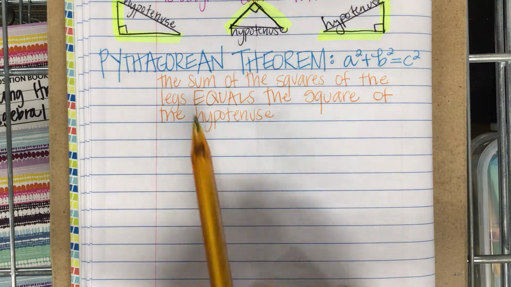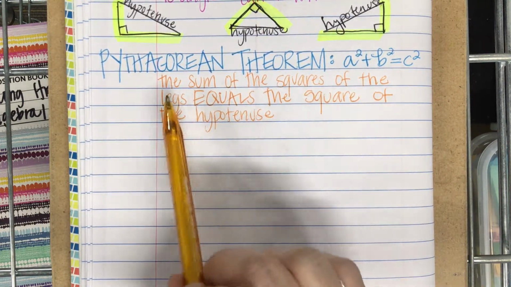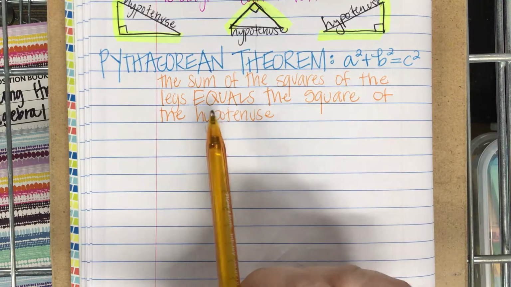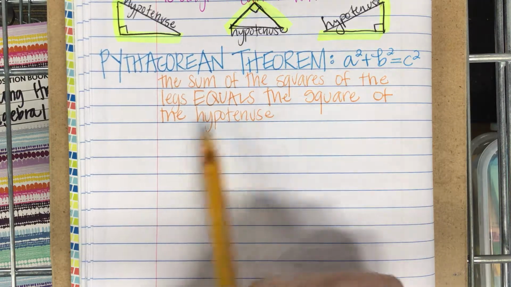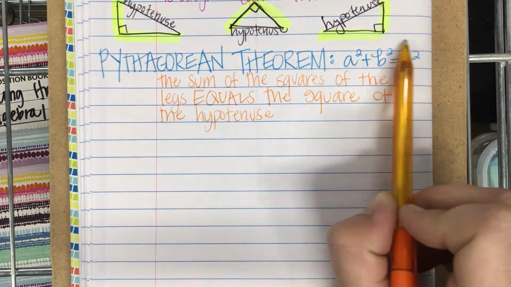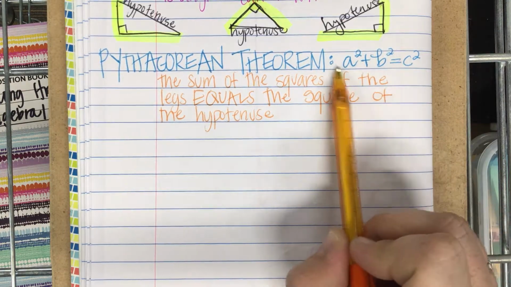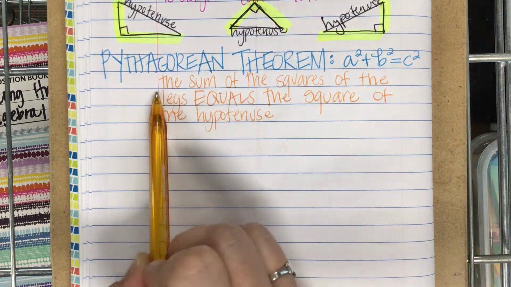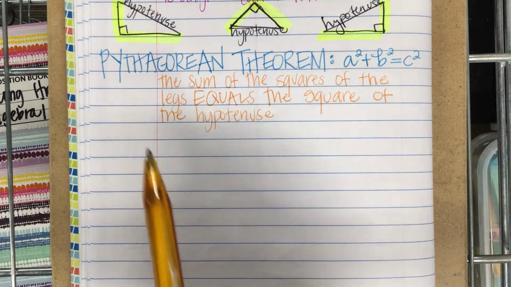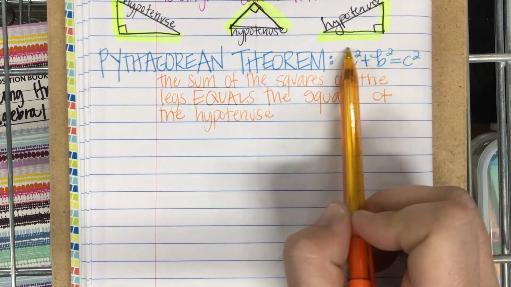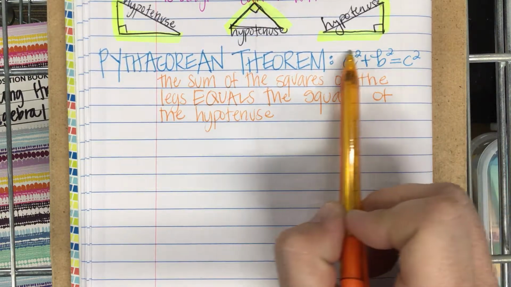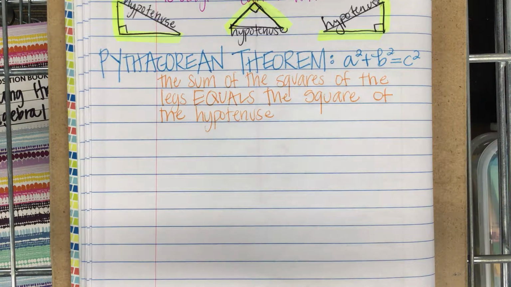So look at this. Read this again to yourself. The sum of the squares of the legs equals the square of the hypotenuse. And look at this algebraic representation, because this algebraic representation and this word representation mean the same thing. Can you tell me in this algebraic equation what each part means?